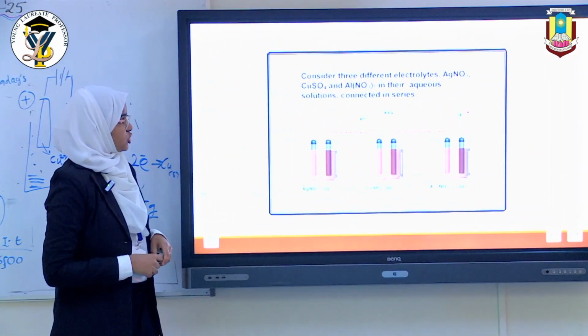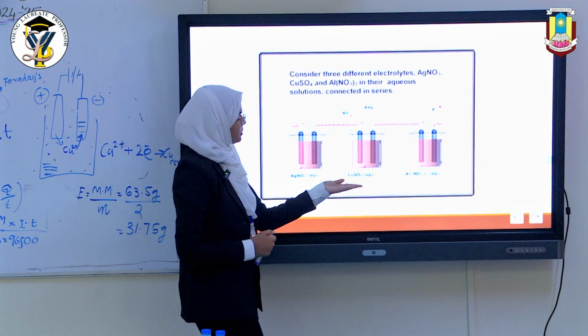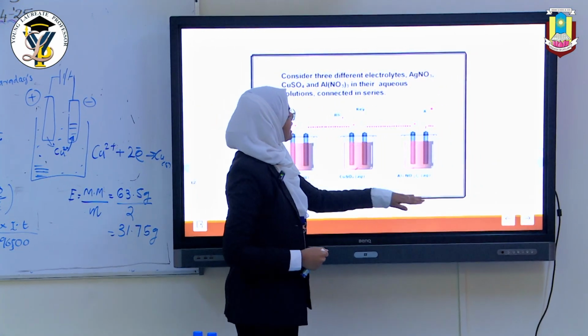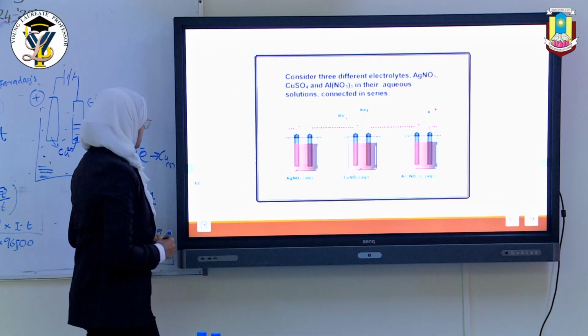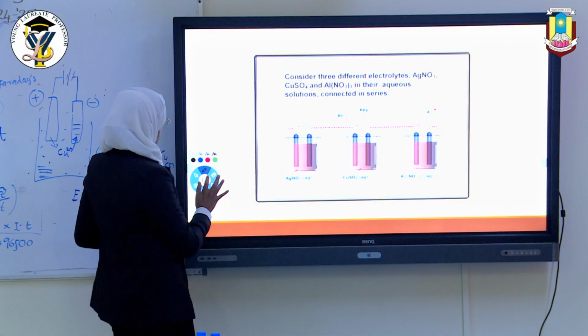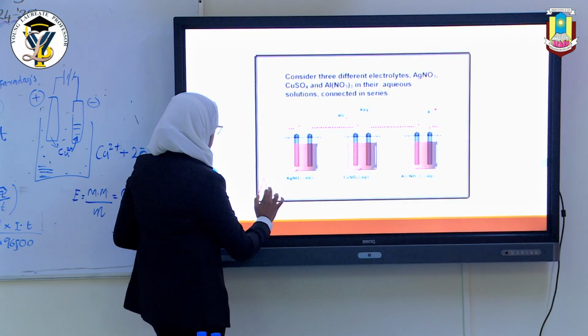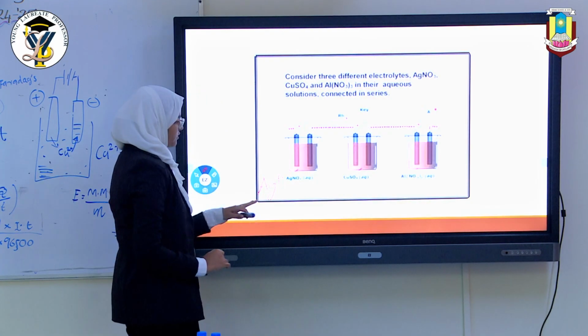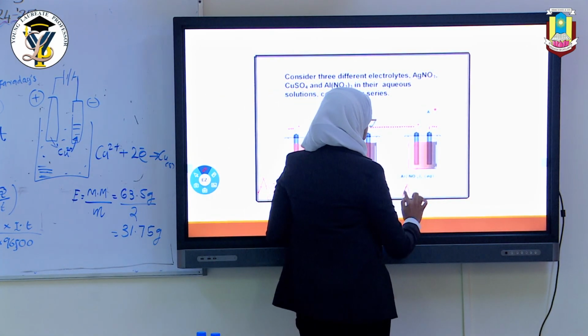We have three electrolytic cells here which contain silver nitrate, copper sulfate and aluminum nitrate. And the ions transferred here are silver ions, copper ions and aluminum ions.